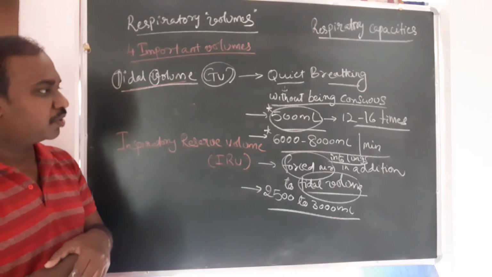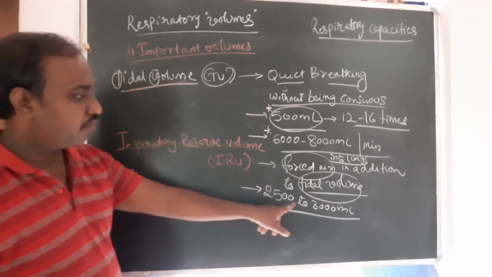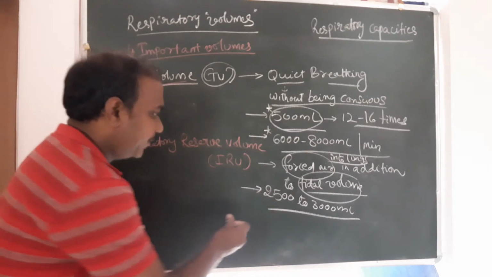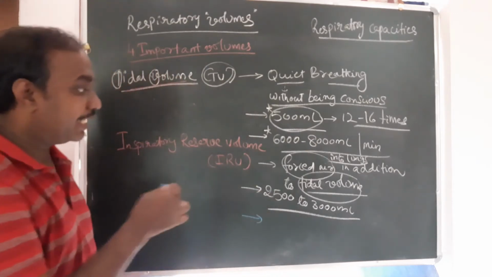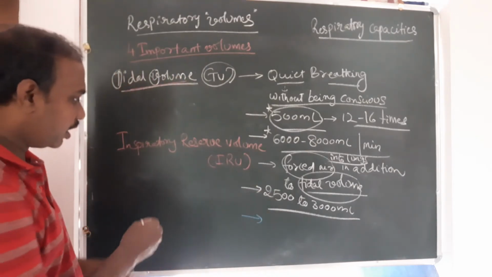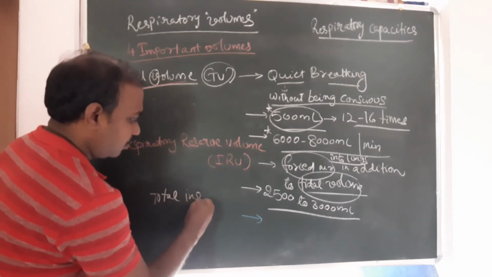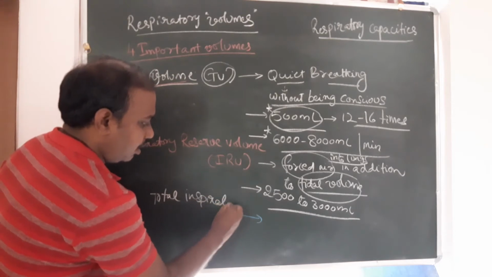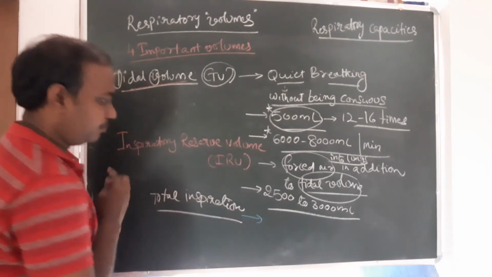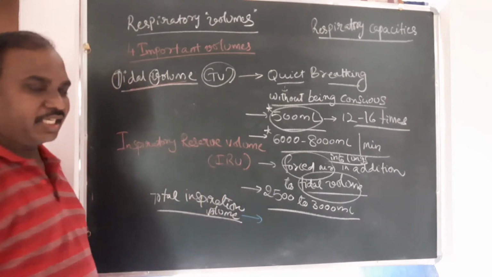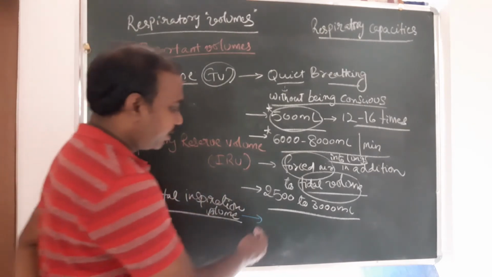By the process of inspiration, how much can you take in? So 2500 to 3000 ml plus 500 ml, right? So this is for the inspiration. Total inspiration value, if we take, how much is it?